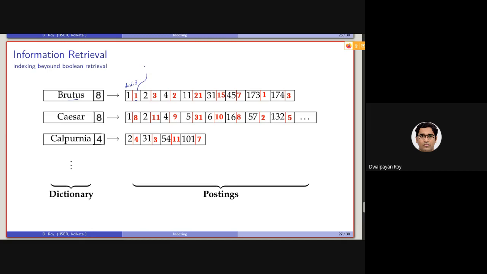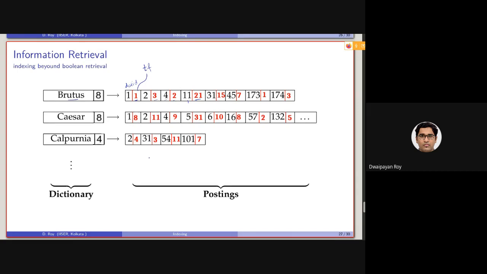This is the term frequency, TF in short. That means Brutus is present only once in the first document, 3 times in the second document, 2 times in the fourth document, 21 times in the 11th document, and so on, similar to the other terms.